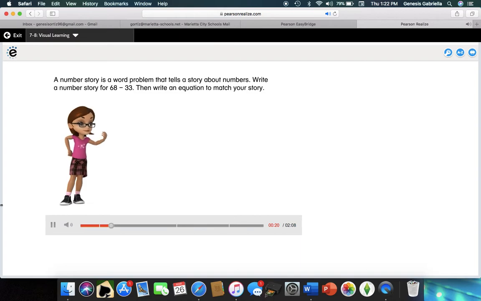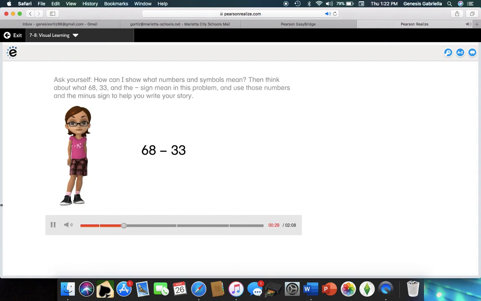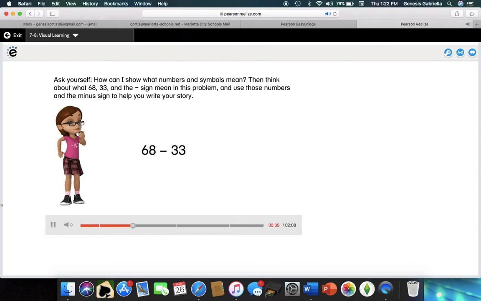Write a number story for 68 minus 33. Then write an equation to match your story. Ask yourself, how can I show what numbers and symbols mean? Then think about what 68, 33, and the minus sign mean in this problem, and use those numbers and the minus sign to help you write your story.